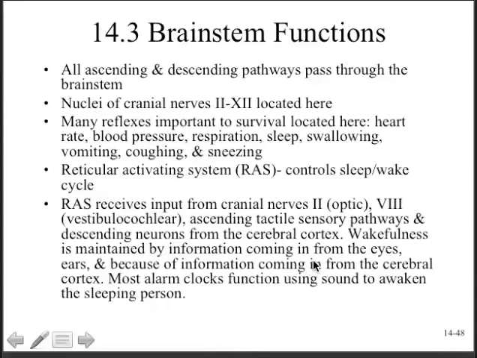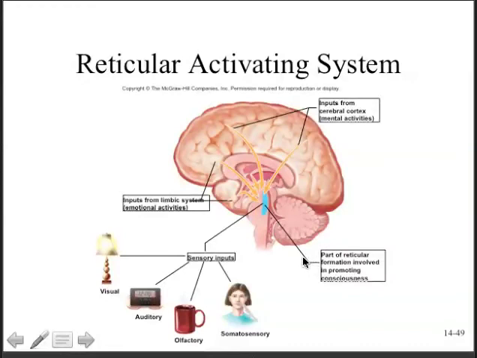And so what you can see in this diagram is just an example of how this works. Okay, we've got sensory inputs that are coming via the optic nerve, via the vestibulocochlear, the olfactory, the somatosensory. And what happens here is this all comes into the brain stem. This is part of the reticular formation that promotes consciousness.